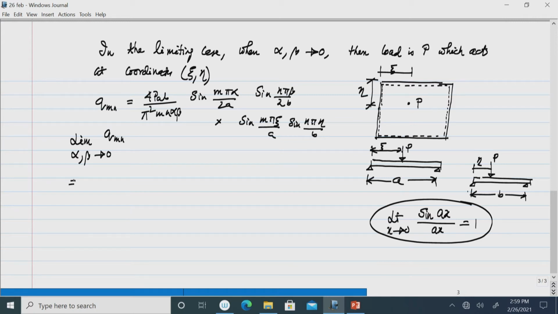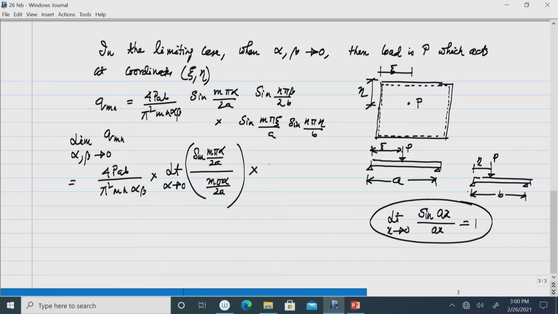If α and β go to 0, I take 4Pab/(π² mn αβ), then the limit as α goes to 0 of sin(mπα/2a). In the denominator again I will write mπα/2a. That means I have to multiply this function by mπα/2a. I will show you that later.